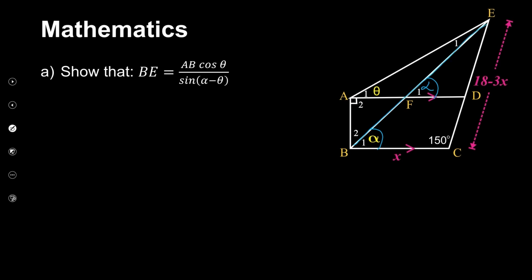but we need to find some other angles. We can also find the value of E1 in terms of alpha and theta, because if you notice, this angle is an exterior angle of this triangle. So alpha is the exterior angle.